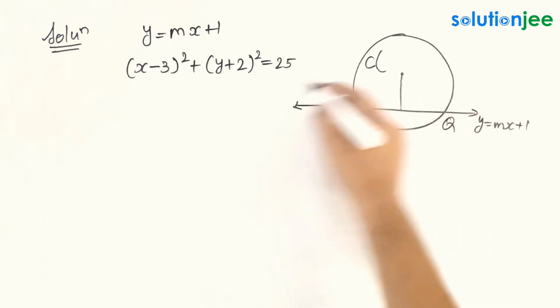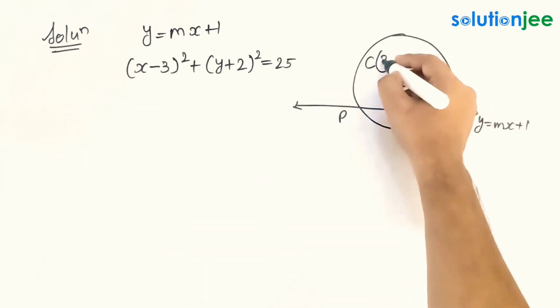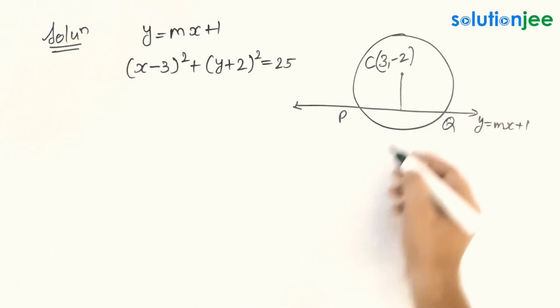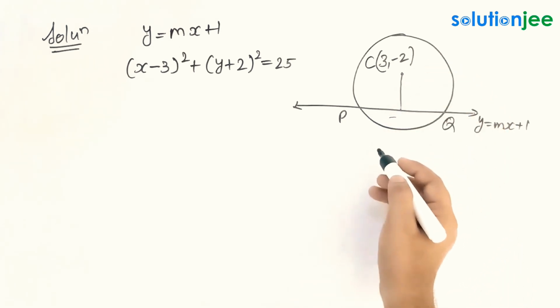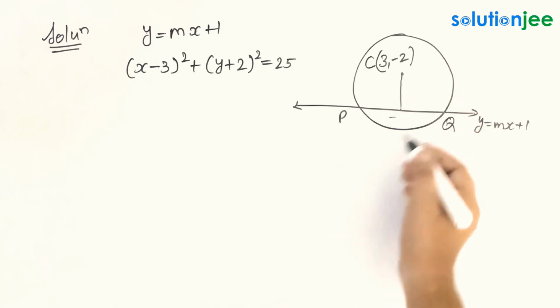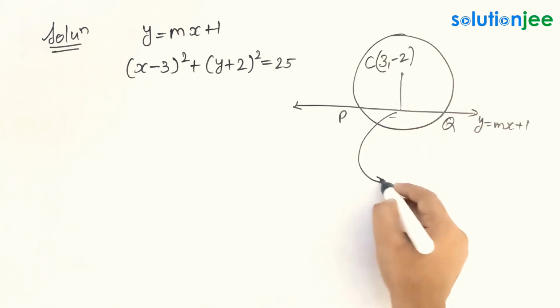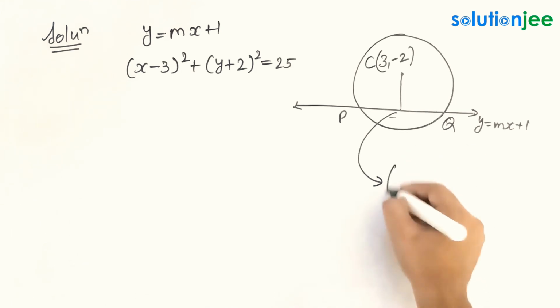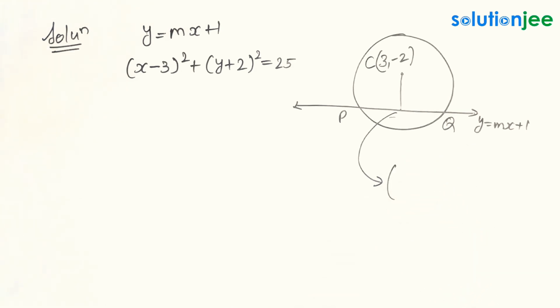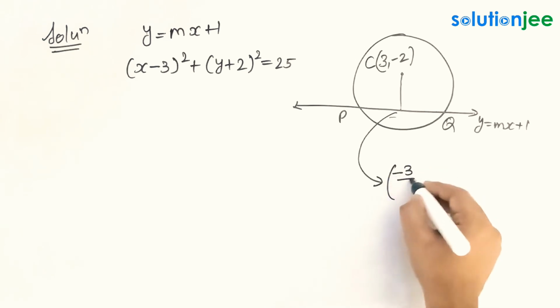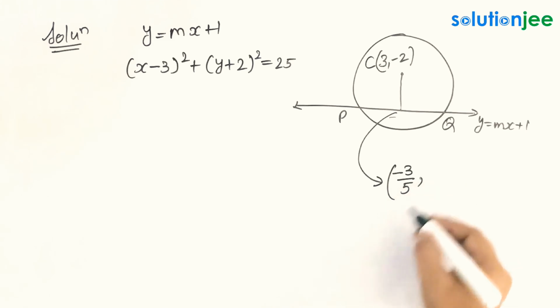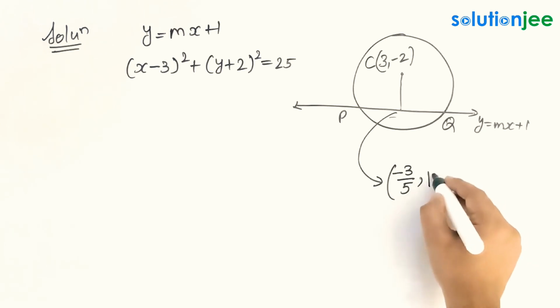Coordinates of the center of the circle are (3, minus 2), and the perpendicular from the center of the circle to the chord PQ will bisect the chord PQ. We are given the x coordinate of the midpoint of PQ, which is minus 3 by 5, and we don't know the y coordinate of the midpoint. So let it be k.